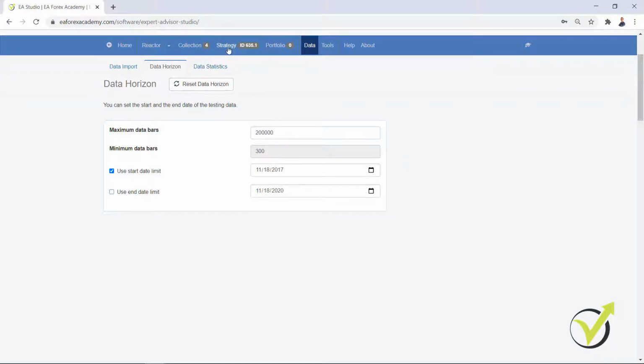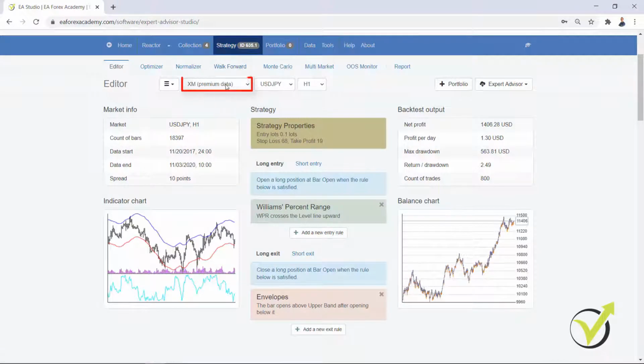And this is because I'm using the premium data, or this is the data from the Forex historical data app that I already showed, which is the best solution. And this data comes automatically in EA Studio, so I don't need to download it. It is here all the time. All I need to do is to make it work for the broker that I have selected to use. And in the next videos, I will show you how I'm doing that.